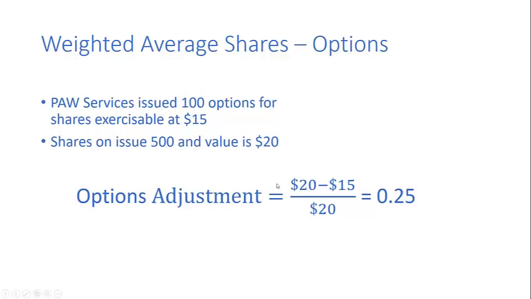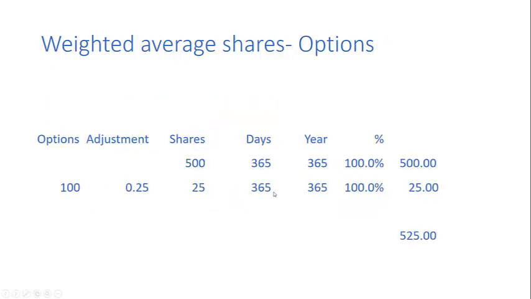What we're saying here really is that the shares coming from the options have two components, a paid for component, which isn't dilutive, and an unpaid component, which is dilutive. And the unpaid component is 25% of the share value.